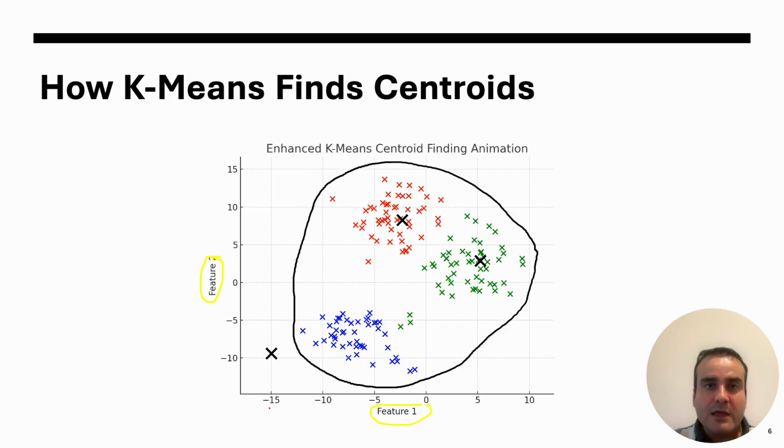The algorithm randomly selects initial centroids. So for example, it randomly selects 3 centroids as shown here as large black markers. From there, each point is assigned to the nearest centroid. Let's say that all these data points in blue are assigned to this nearest centroid.